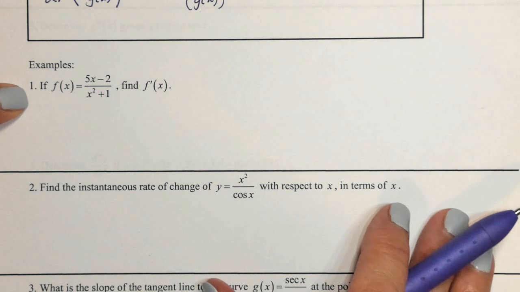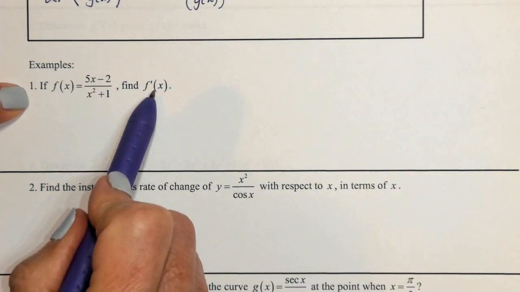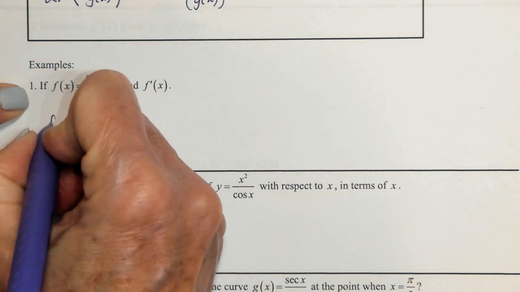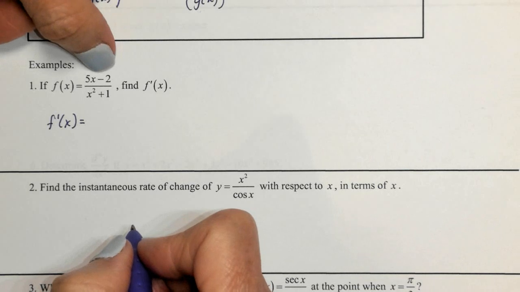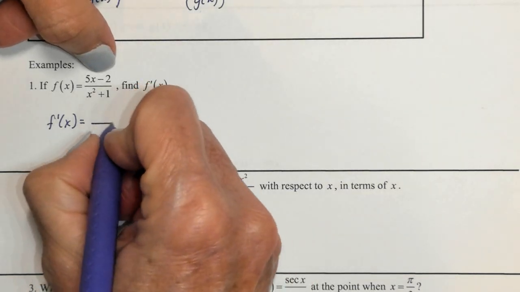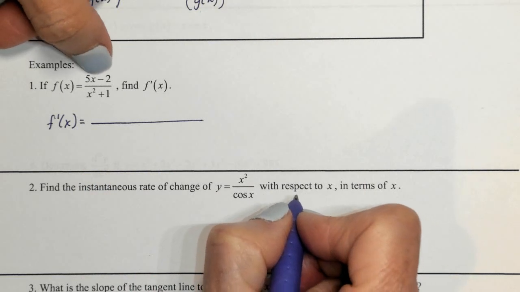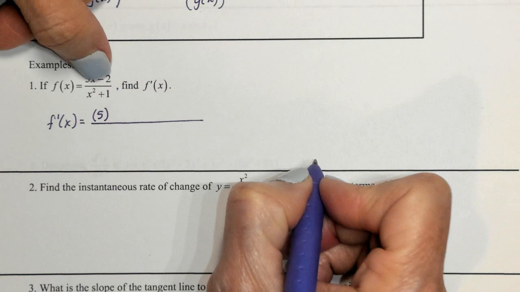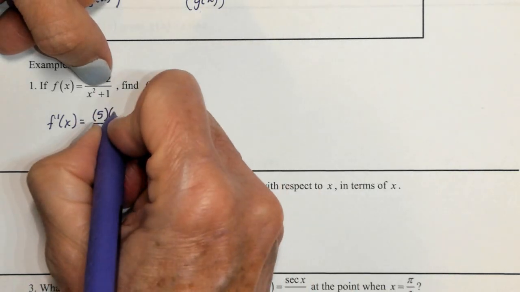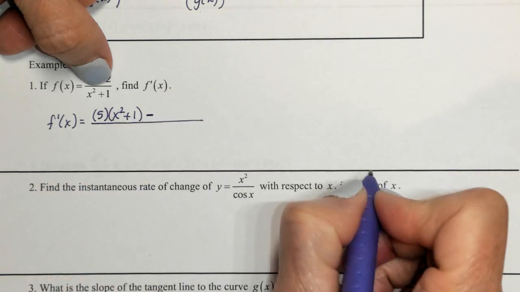Let's apply it to this function. Here we have a quotient and we're finding the derivative, so I will use the quotient rule, which says first of all, it yields a quotient. Start at the top and take its derivative, 5. Multiply by the bottom left alone. Minus is in the quotient rule.